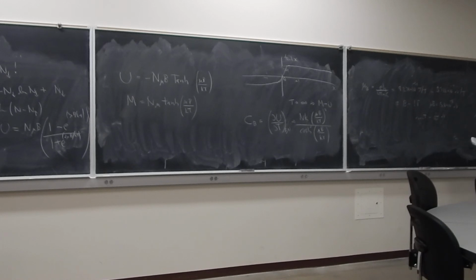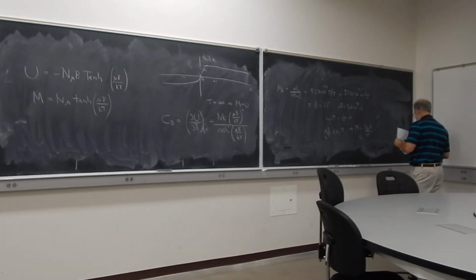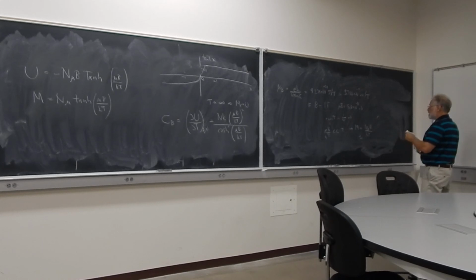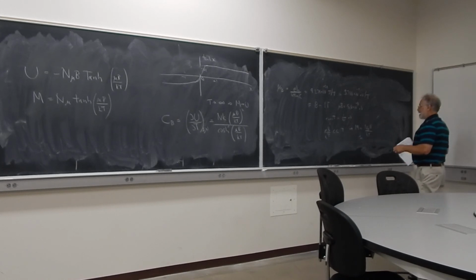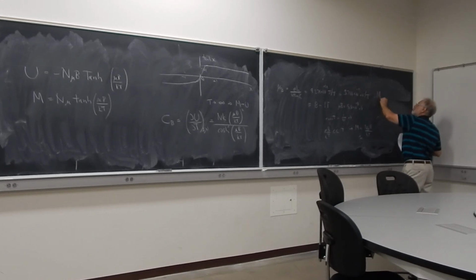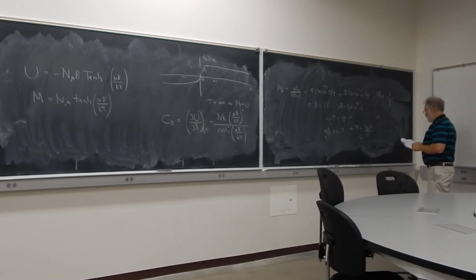So at ordinary temperatures, let's say a few kelvins, mu B over kT is going to be much, much less than 1. And when that happens, my magnetization is going to be something like N mu squared B over kT. So the magnetization is proportional to 1 over the temperature.